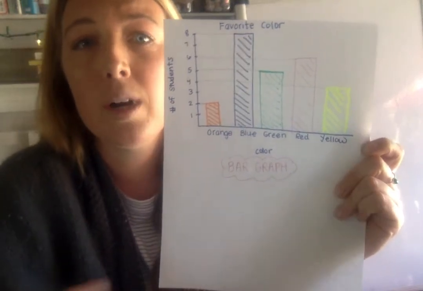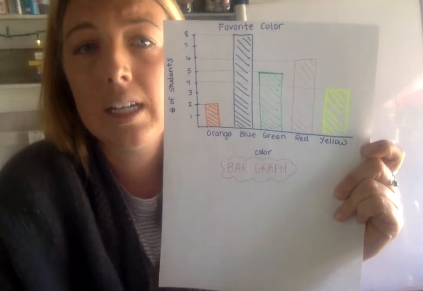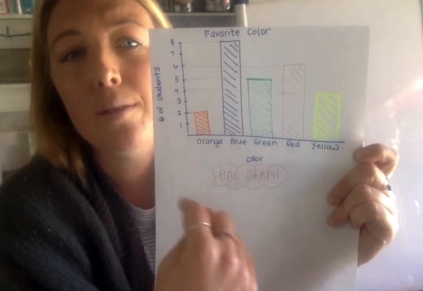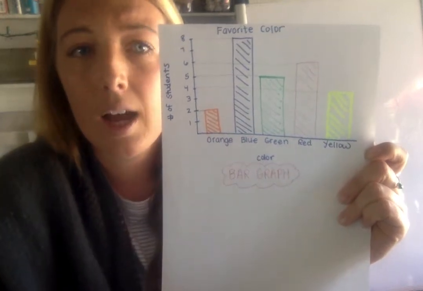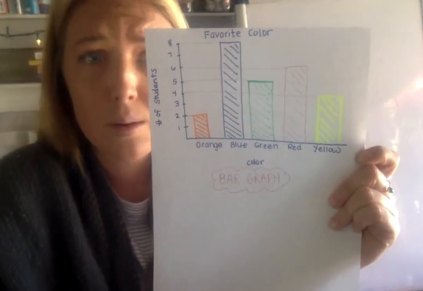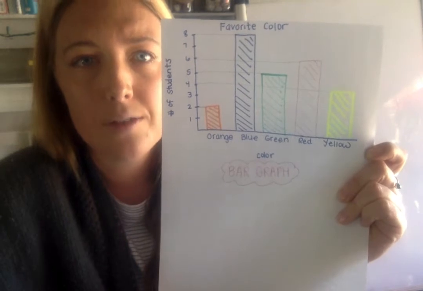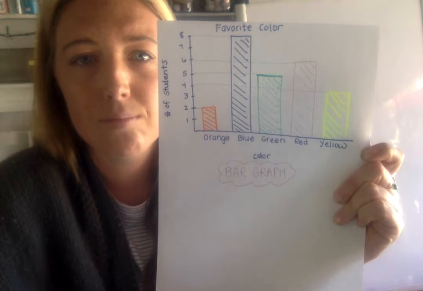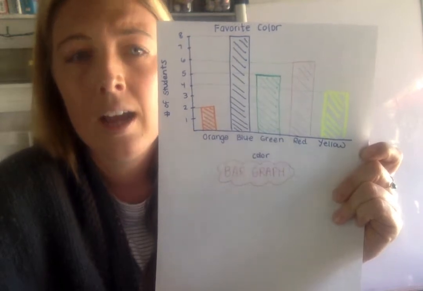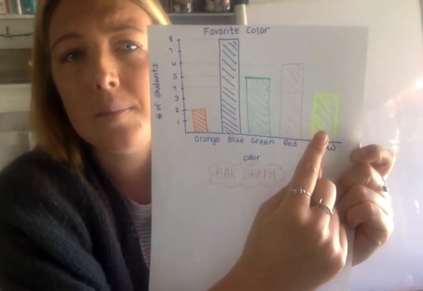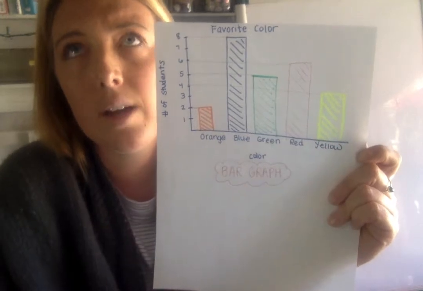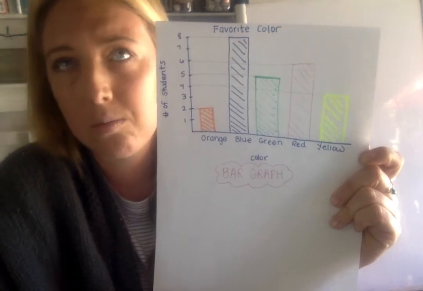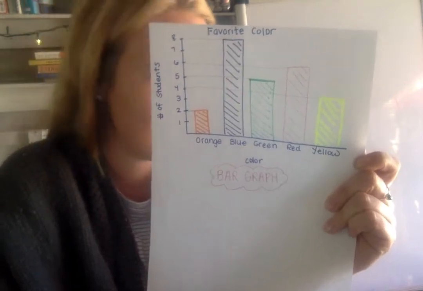If there's 25 students total that I collected data on, I would say 21 out of the 25 chose not yellow. Also, if I knew that 25 students answered this question, I could say 25 minus my yellow, so minus 4, is 21. 21 people did not choose yellow as their favorite color.